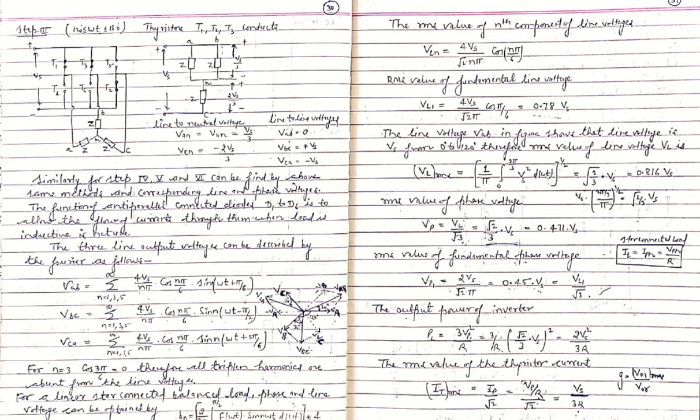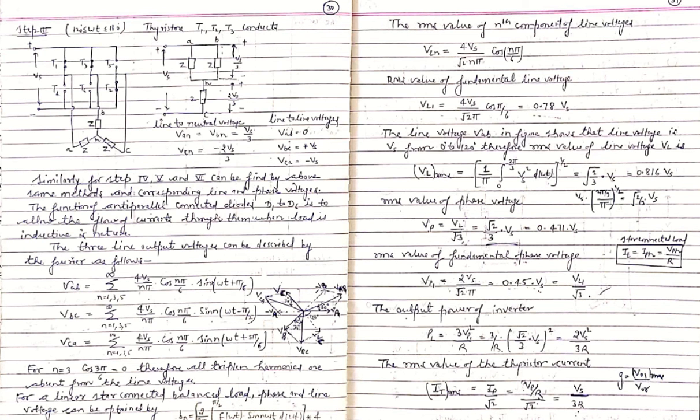So this is a star connected load. For a star connected load, the phasor diagram will be drawn like this: VA at reference, that is 0 degree, then VB is 120 degree lagging to VA, and VC is 240 degree lagging to VA, or we can say plus 120 degree to VA. These are the phase voltages displaced by 120 degree. But we have to find the line voltage.